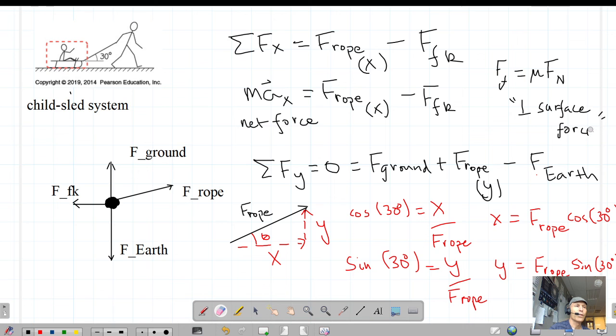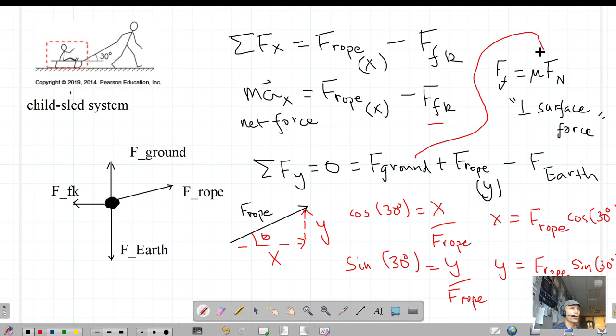But I'm mentioning the term normal force because I believe the textbook uses it and it's in Mastering Physics. So that's synonymous with what I've been calling the force of the surface. In this situation, before you could find the force of friction, you would need to find the normal force, the force of the ground, here.